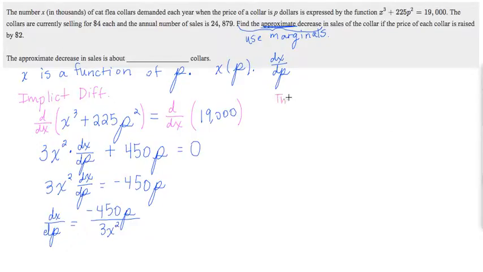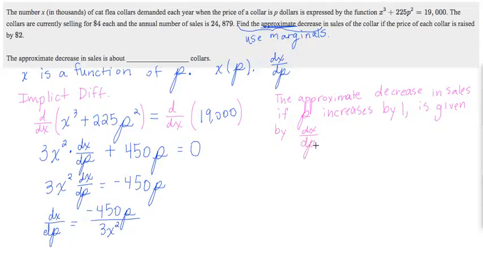So the approximate decrease in sales if p increases by 1 is given by dx/dp.